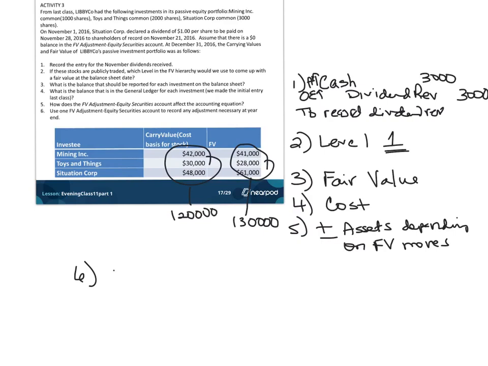So my fair value adjustment needs to be for my equity securities. It needs to be for 10,000. Assets up.